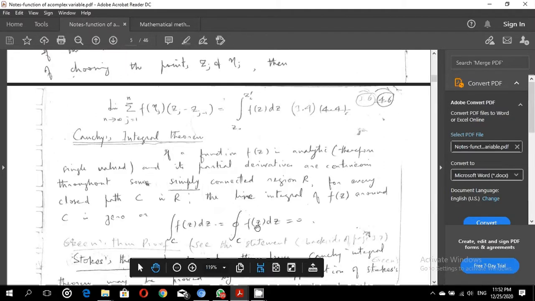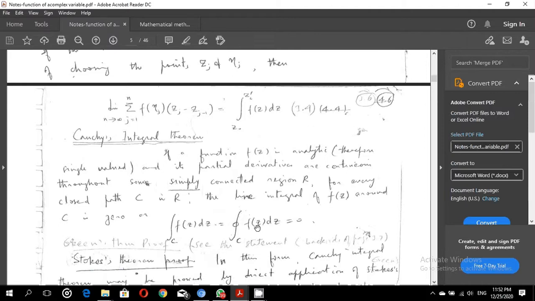Okay, so that was the definition of the contour integral.